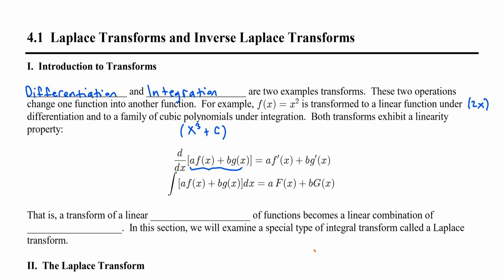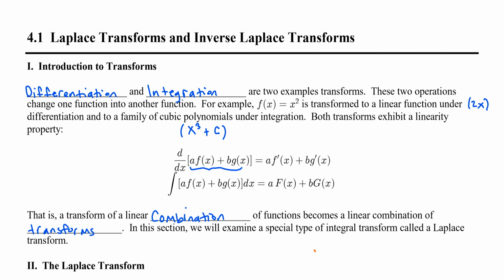Similarly, under integration, if we want to find the integral of a linear combination of functions, this is also the linear combination of the transforms. The big F represents integration, the big G represents integration. We're going to see this with Laplace transforms as well. That is, a transform of a linear combination of functions becomes a linear combination of transforms.